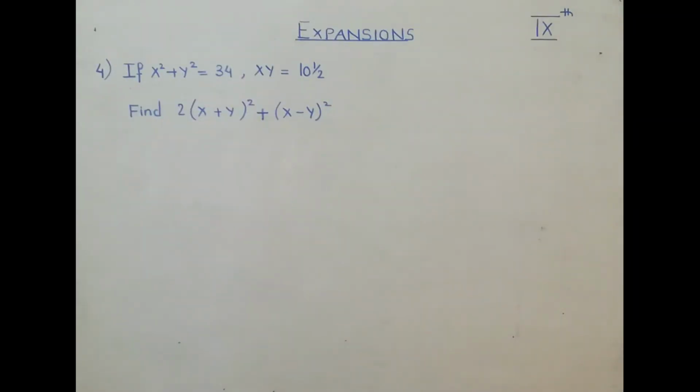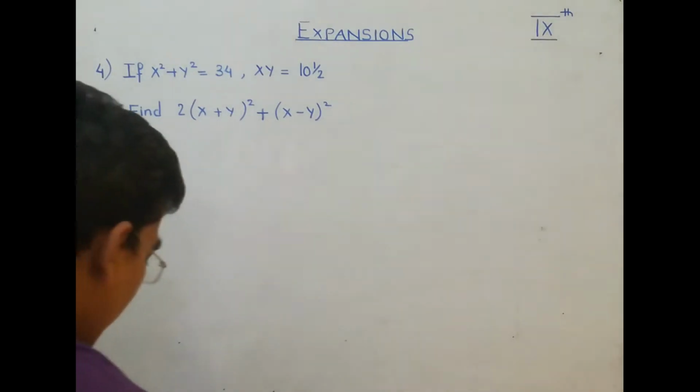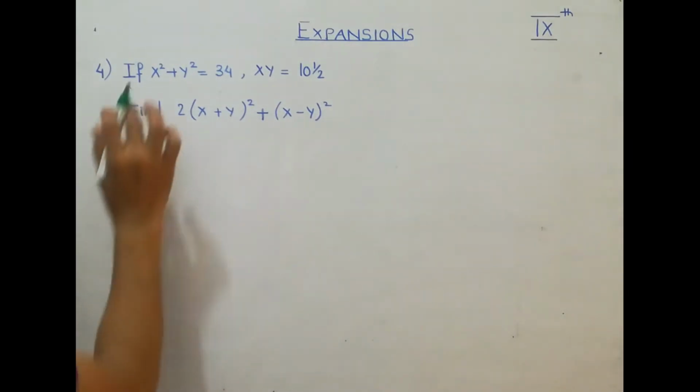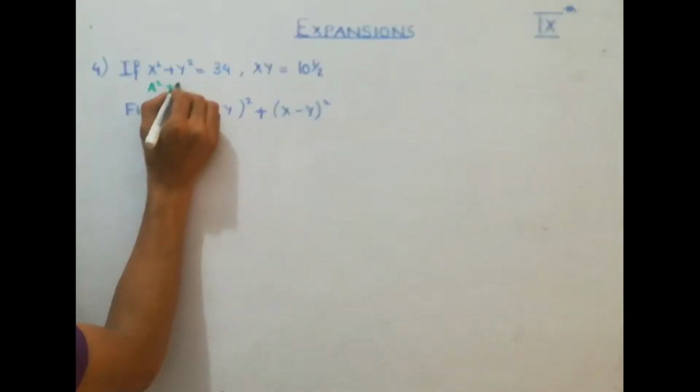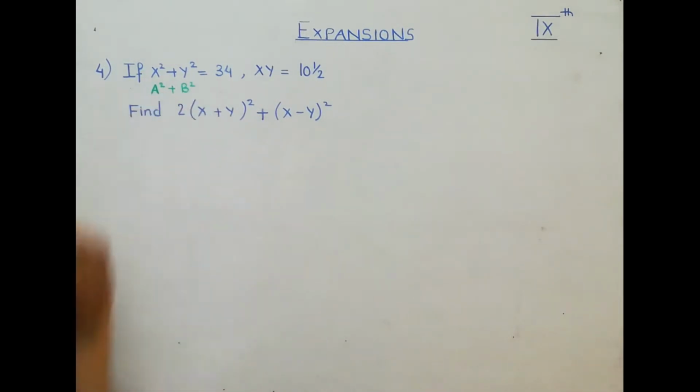Question number 4. Now in question number 4, according to the question, we can read it like this. Now this x square can be read as a square and this can be read as b square. Now remember, a square plus b square appears in a plus b whole square as well as in a minus b whole square.